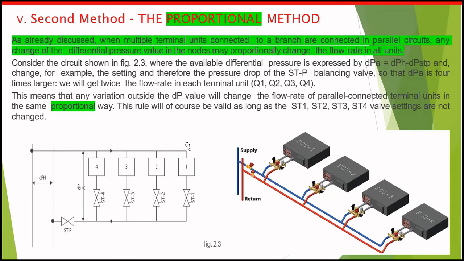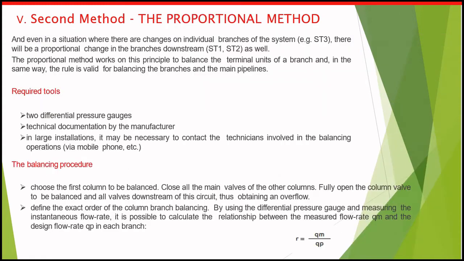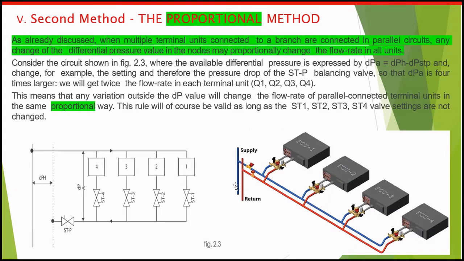So simply we will calculate or measure the flow and divide it by the design flow for the same furthest unit. And the next step, we will install a device, a pressure gauge, on static 1 here to monitor the static.